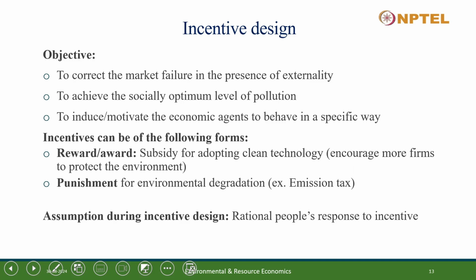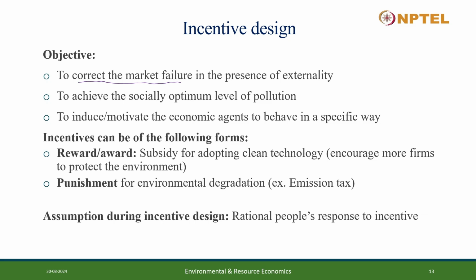Okay. Now we will move towards the incentive design. Incentive can be of reward type or punishment type. So the initial question is why incentive is needed, right? The objective to design certain incentives is to correct the market failure.